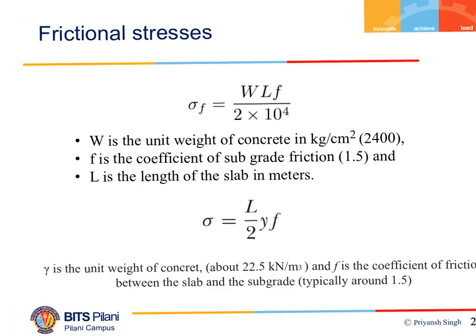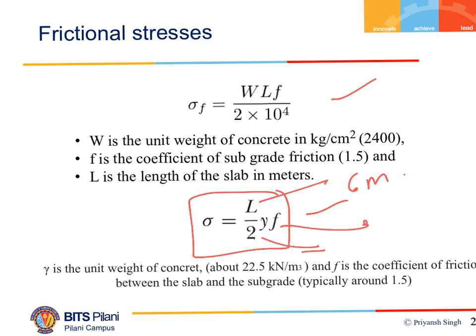The frictional stresses due to seasonal changes in temperature can be calculated using this formula. Let's apply this formula in our case. Here L is 6 meter, known to you, gamma and f you already know. This is the value of gamma and this is the value of f. Put the values of gamma and f in this expression and you will be able to calculate the stress due to friction.